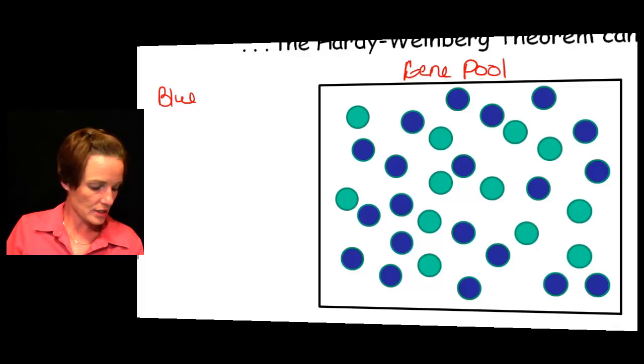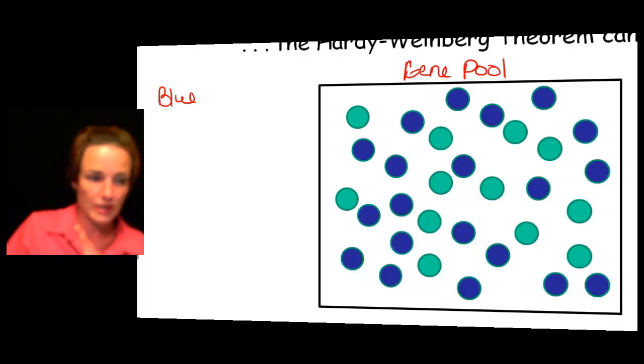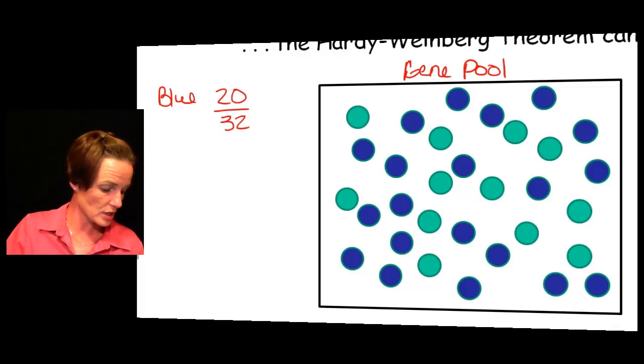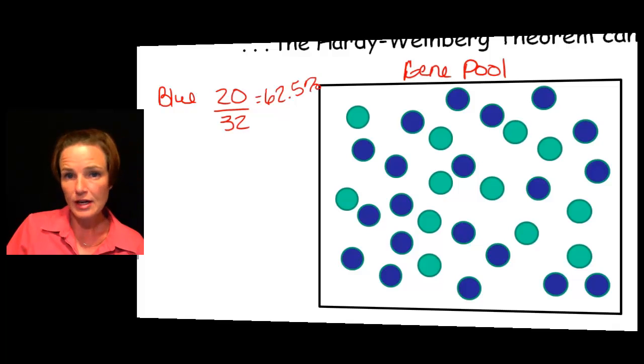So for the blue ones, if you want to go through and add them up, I've already added them up. We have 20 of those. And we have a total number here of 32. And so my frequency for my blue alleles is going to be 62.5%.